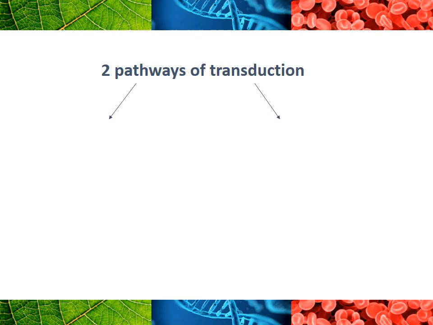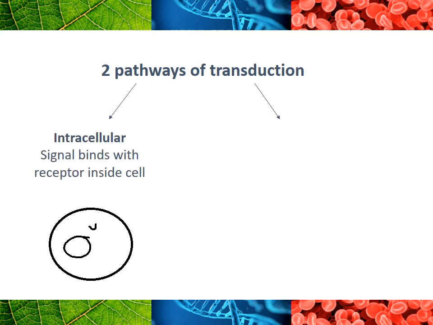All right, I just want you to make a little summary of what we're going to go through in your notes now. So there are two pathways of signal transduction. So two ways basically that the signal can be received. The first pathway is the intracellular pathway.